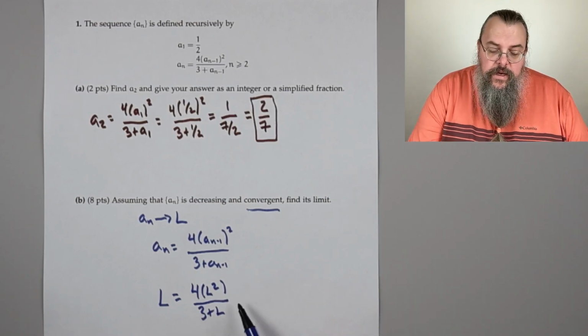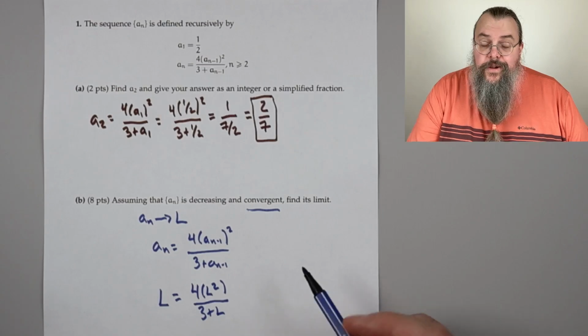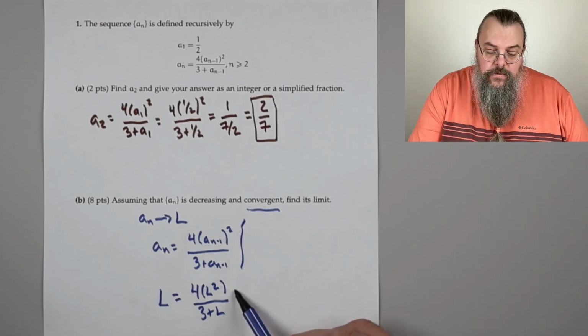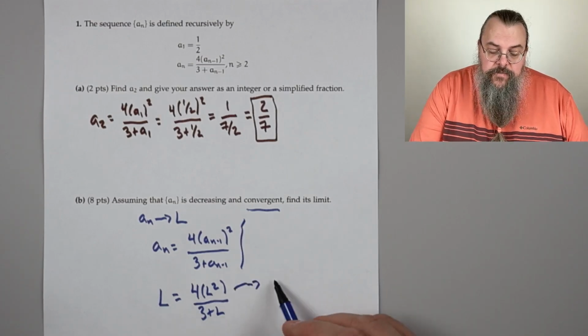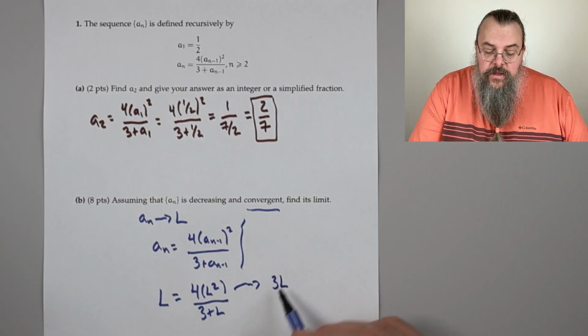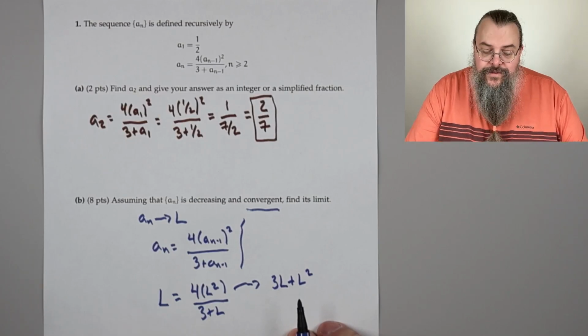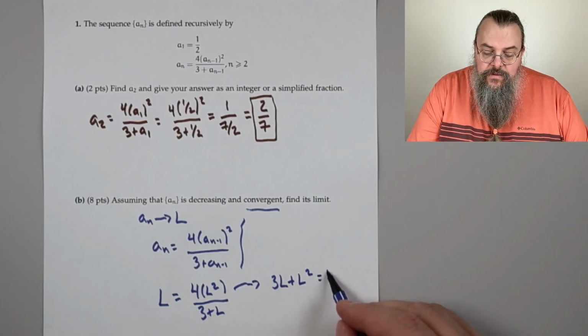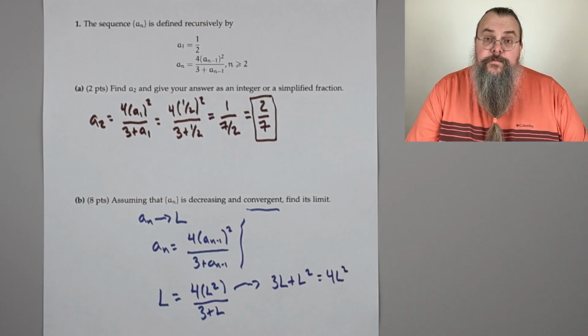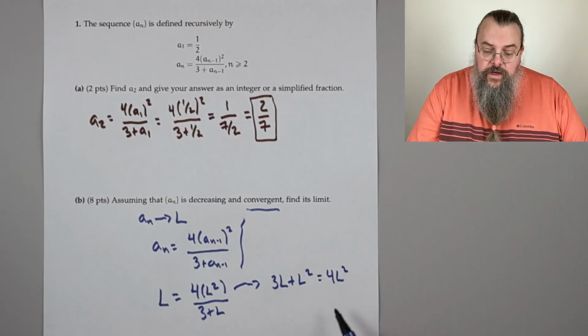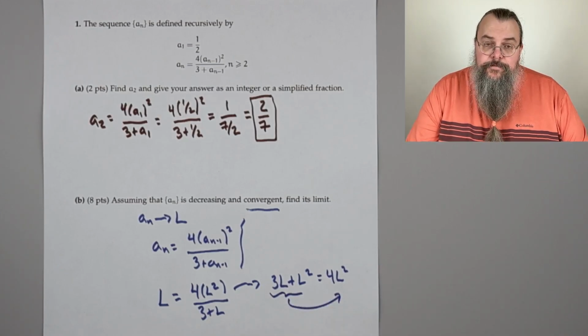Well, okay, now our goal is, what's L? We can multiply, so 3 times L plus L squared, moving that across, is equal to 4L squared. All right, well, we can move things around. Let's move everything over to that side.